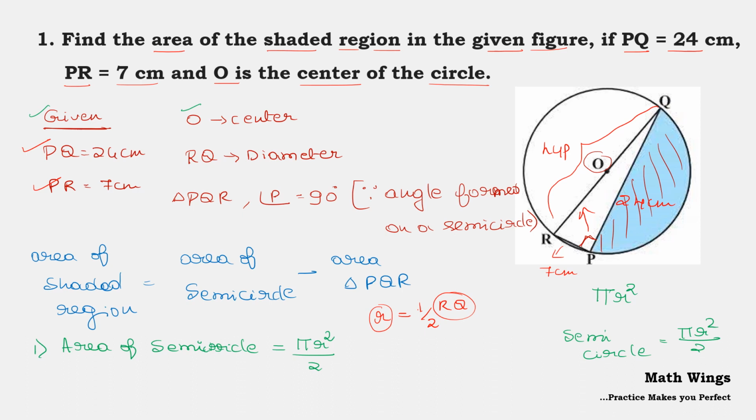So let us move on with the triangle. If we apply the Pythagoras theorem to the right angle triangle PQR, what do we get?